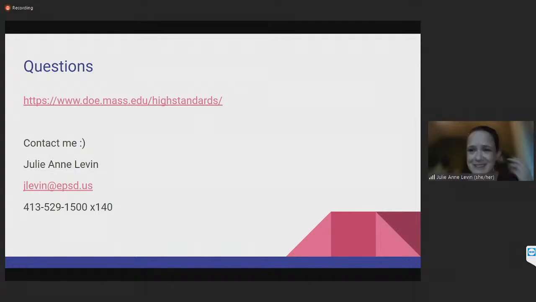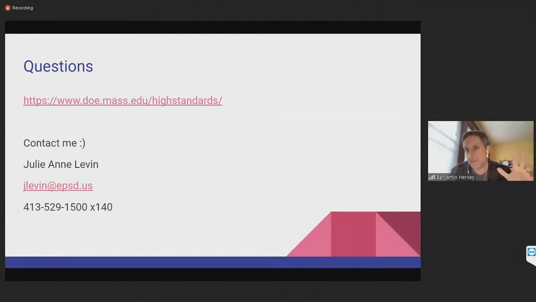And if you ever need help navigating through them, that's actually my job, so I would love to spend more time doing that if that's of interest to folks. But yeah, the high standards page has the family-friendly guides that don't have as much EduSpeak and vertical progressions, and I'm assuming there's more there than we saw tonight.